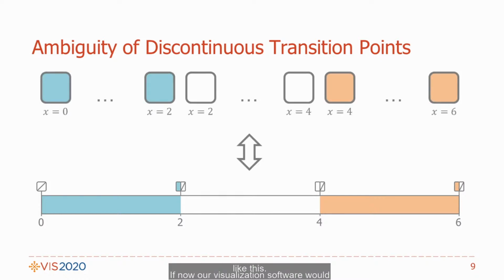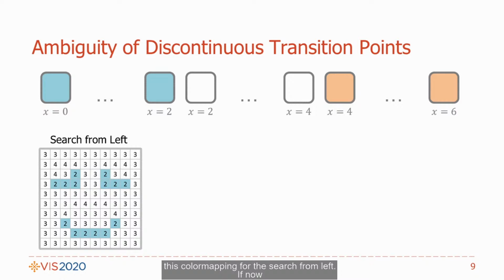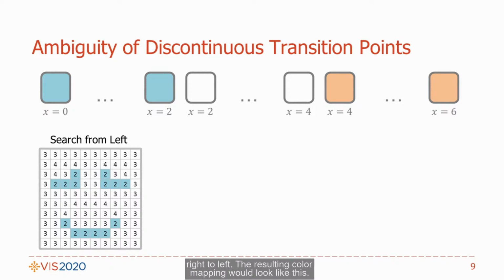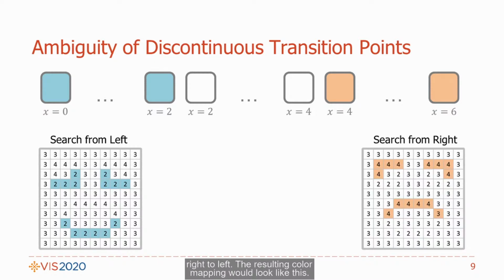If now our visualization software starts its loop through this array from left to right, it will find for axis 2 first the blue color and for axis 4 the white color. We created a little test field and would get this color map for the search from left. If now another software also uses this color map but its loop goes from right to left, the resulting color mapping would look like this.